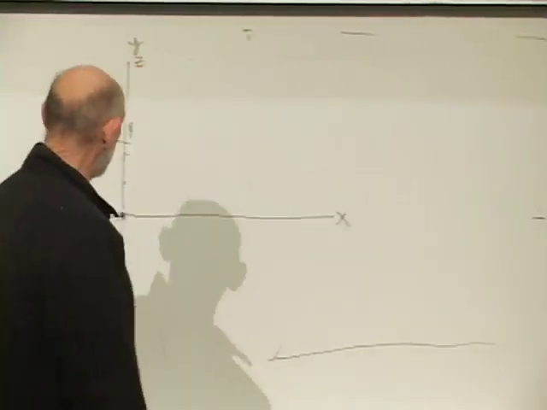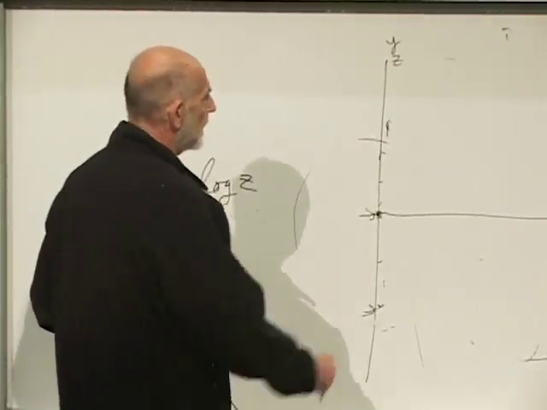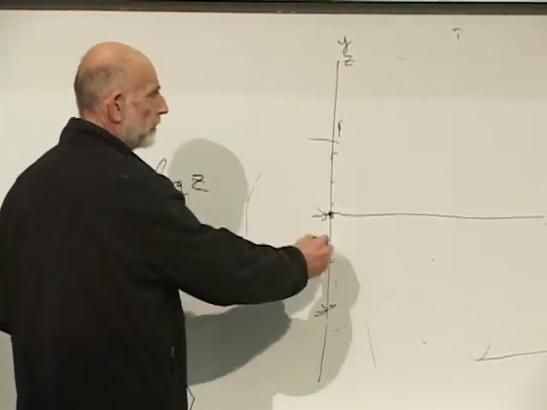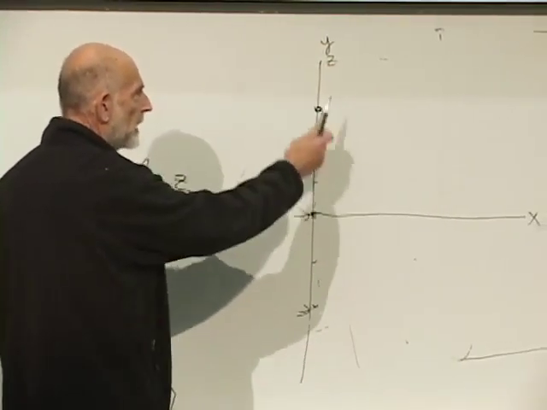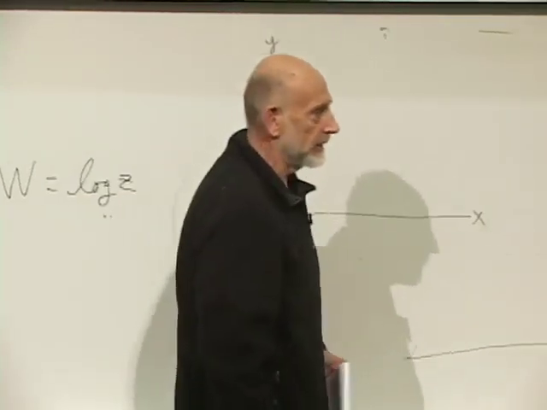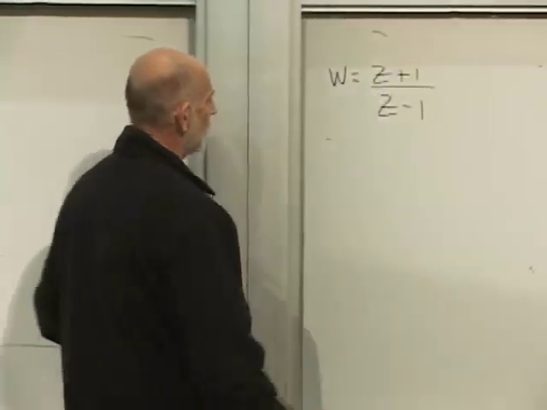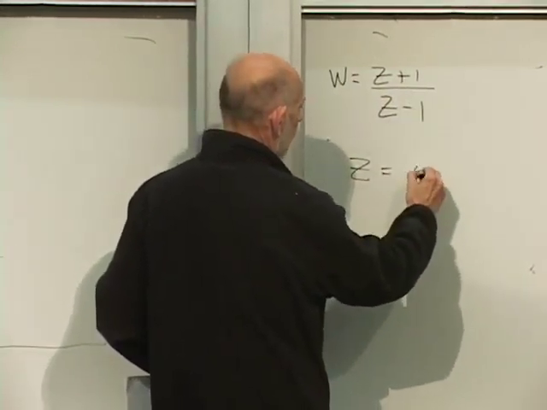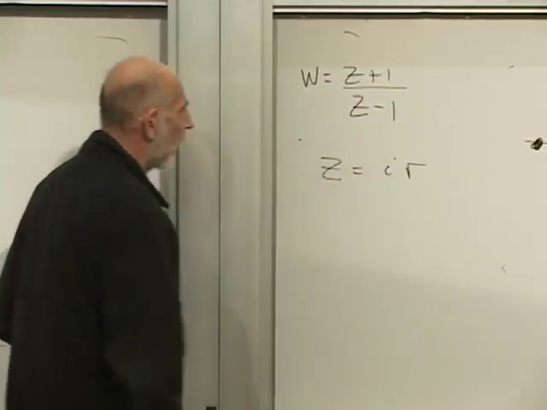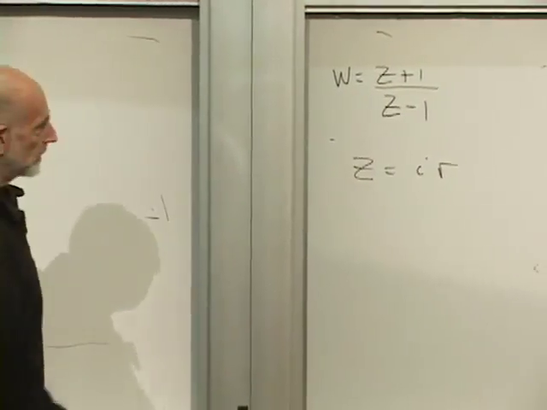How about when Z is pure imaginary up here? When it's pure imaginary, in other words, when it lies on the boundary of the half plane, where does it go? That means that Z is equal to some real number times i, R times i. What happens to W?